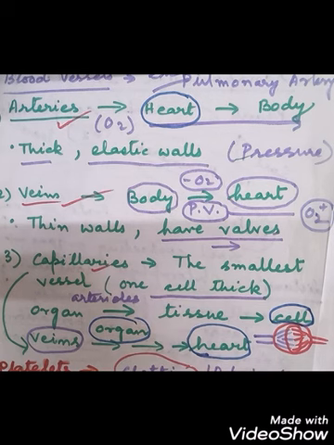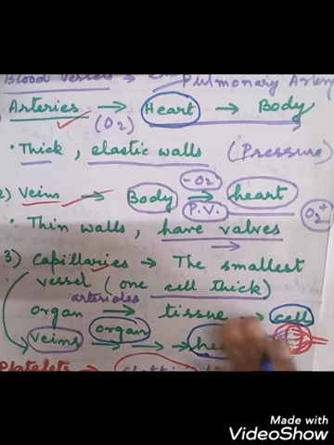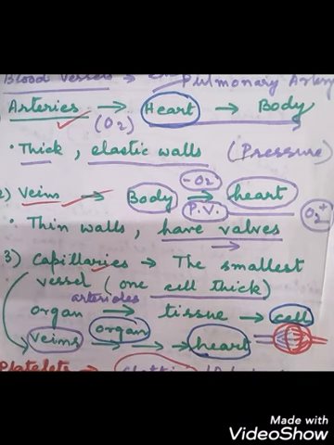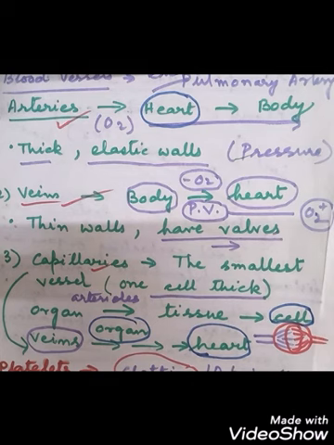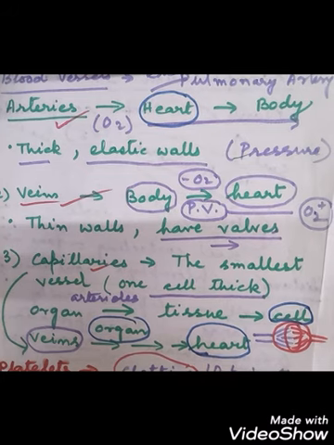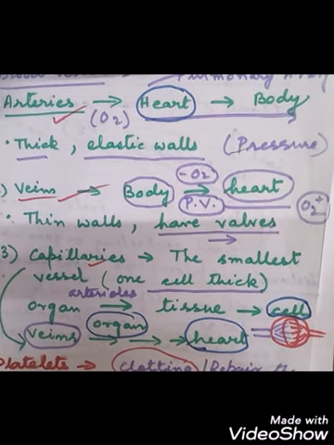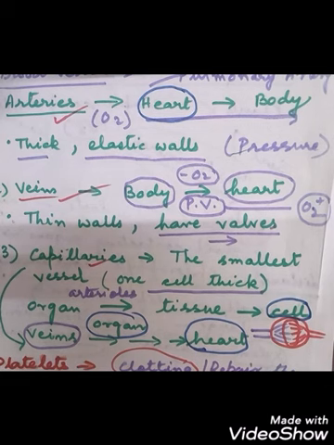So there will be the diffusion of the gases, that is, the oxygen will be taken by the cells and carbon dioxide will be given out, and this will take place by the process of diffusion, that is, movement of the molecules from higher concentration to lower concentration.